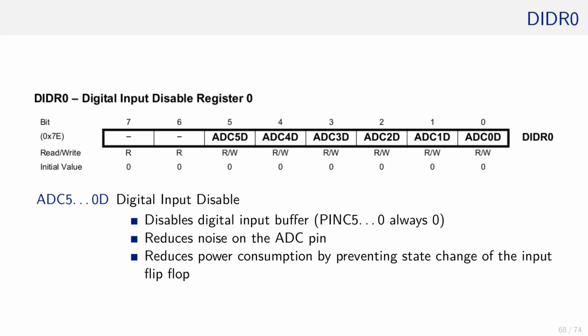However, it is different for the ADC pins, which in addition can also read analog signals. If a pin is used as an analog channel, it is advisable to turn the digital input portion off, which reduces power consumption and noise.